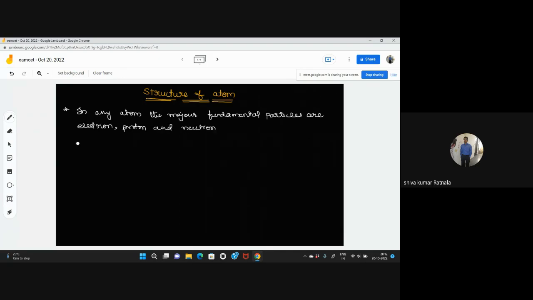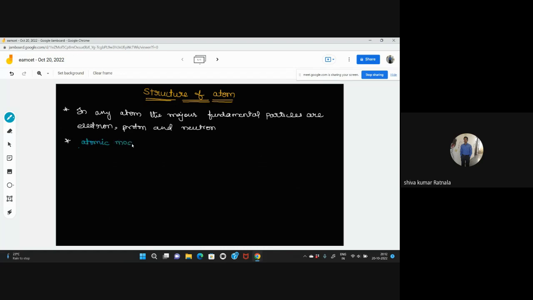So after the discovery of electron, proton, neutron, the question is how these are placed in the atom. For that only, we are going to study the atomic models.